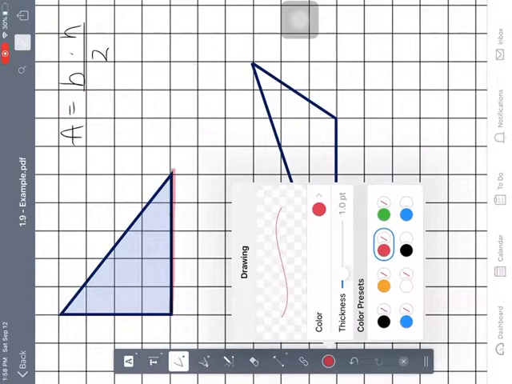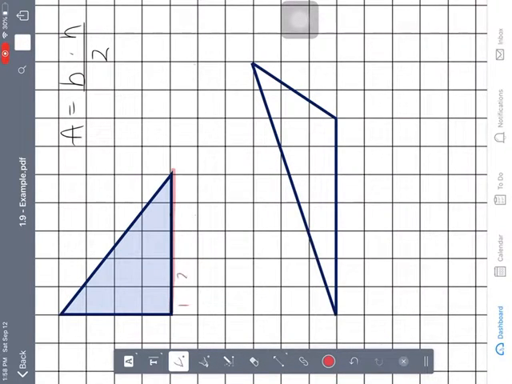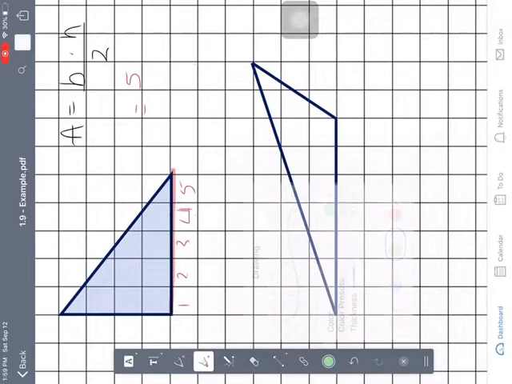And since it's on a grid, all I've got to do is count. So 1, 2, 3, 4, and 5. So that means that my base has a value of 5. Now I'm going to choose my height, which once again, our height has to be perpendicular to the base. So I'm going to use my height right here.